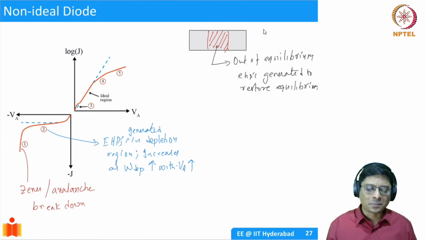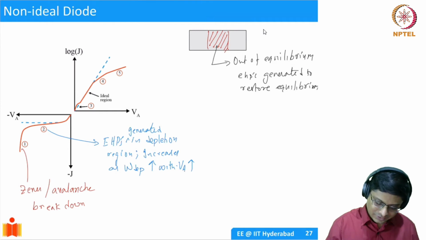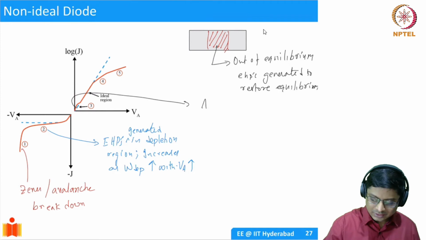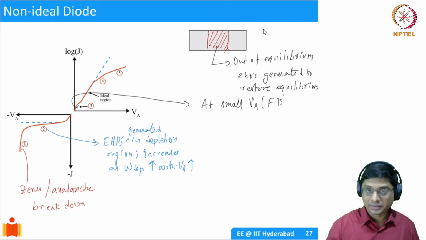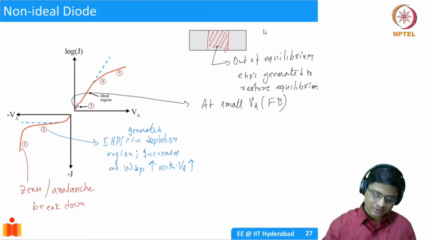And the opposite phenomenon happens at small voltages in the forward bias. So you see here, this was at small VA, forward bias, not reverse. What happens there? They're essentially injecting minority carriers. So you're bringing in holes here and you're bringing in electrons from this side.